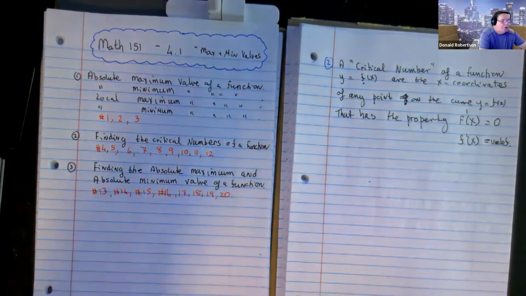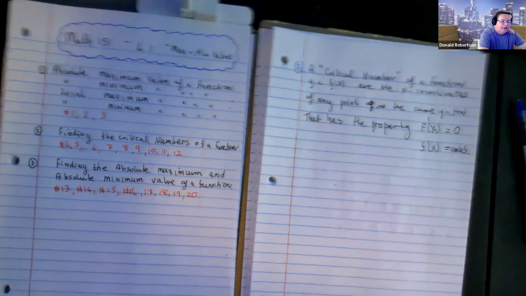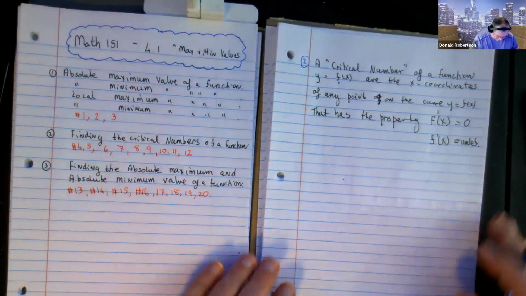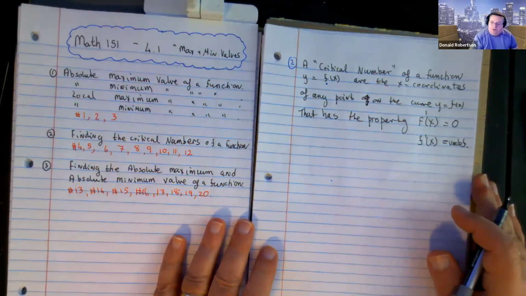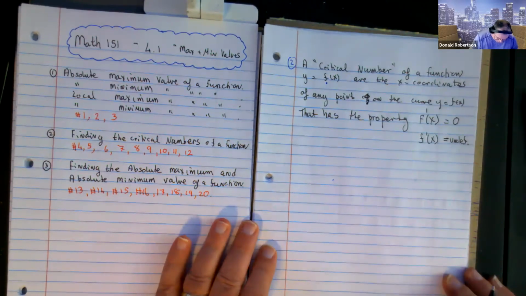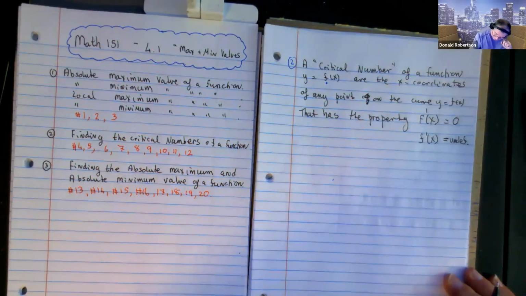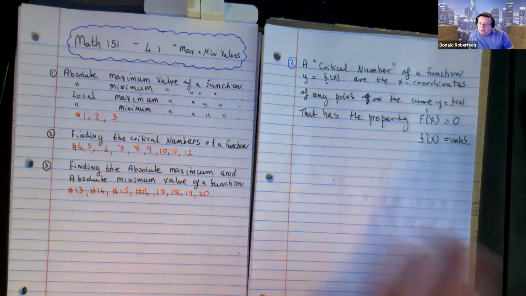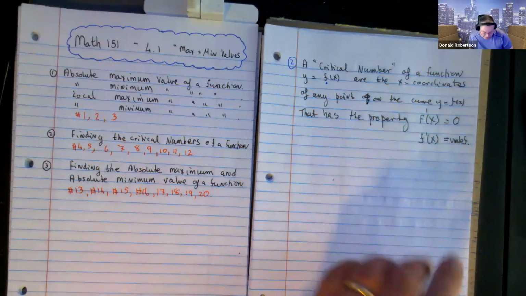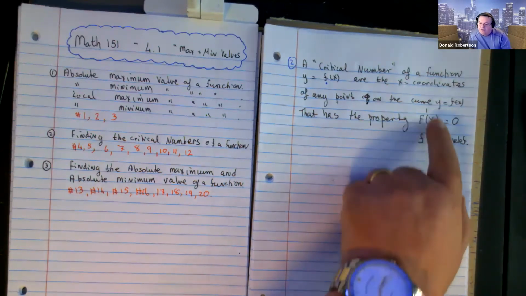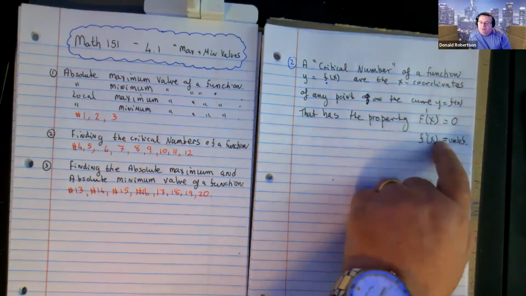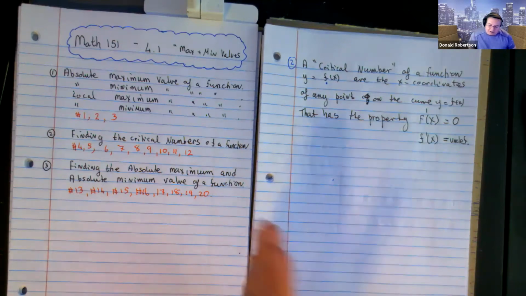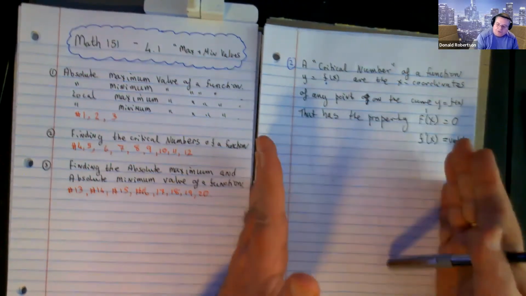So the critical numbers for any function are the places, the x coordinate, where the derivative is 0 or the derivative is undefined. Because what we've discovered is that these local max and mins, these absolute max and mins, they all live here, or almost all of them live here. The absolute max and min can actually also live at the endpoints.